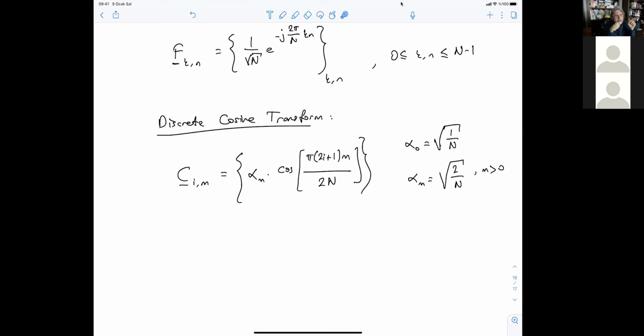Maybe from power electronics courses or something like that, you may remember that the power of a sinusoid within one period is A square over 2. A is the magnitude of the sinusoid. It's A square over 2, so the square root of it will become A over square root of 2.